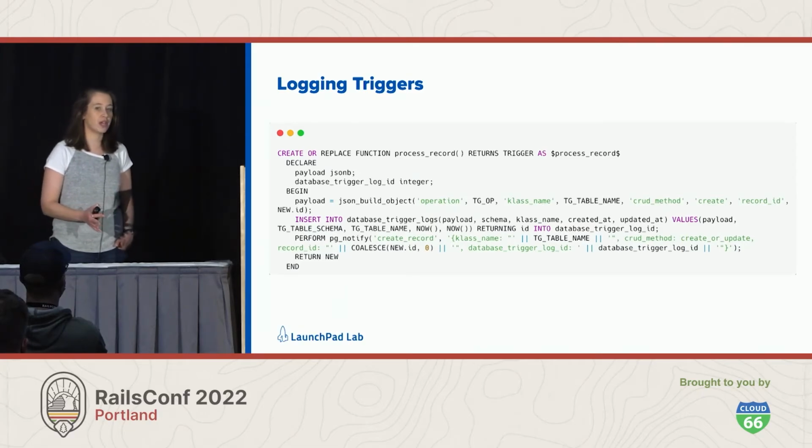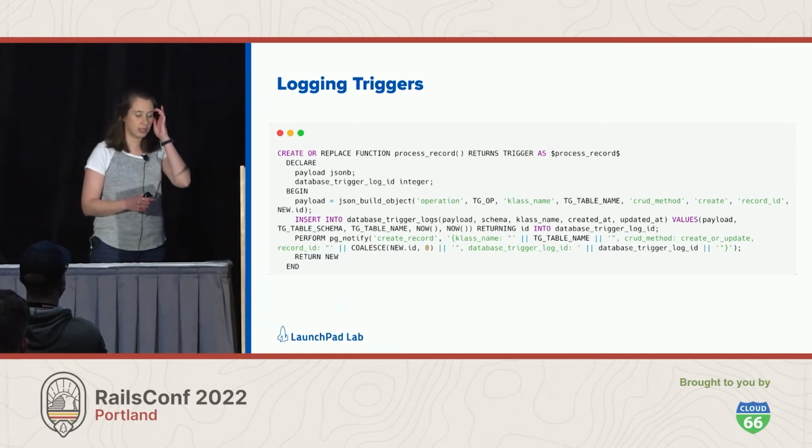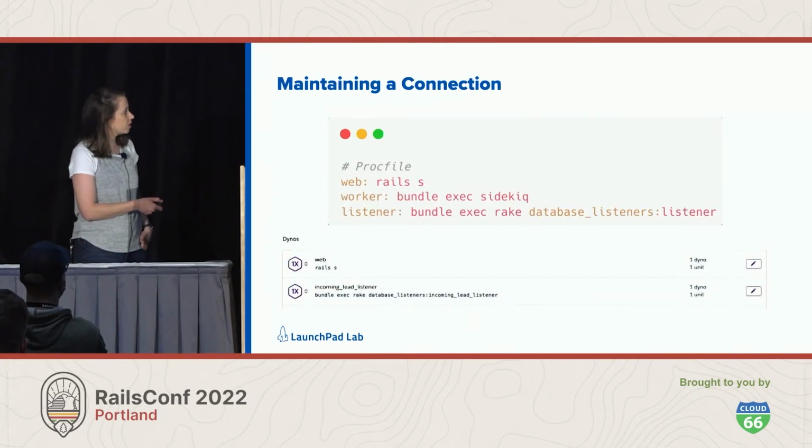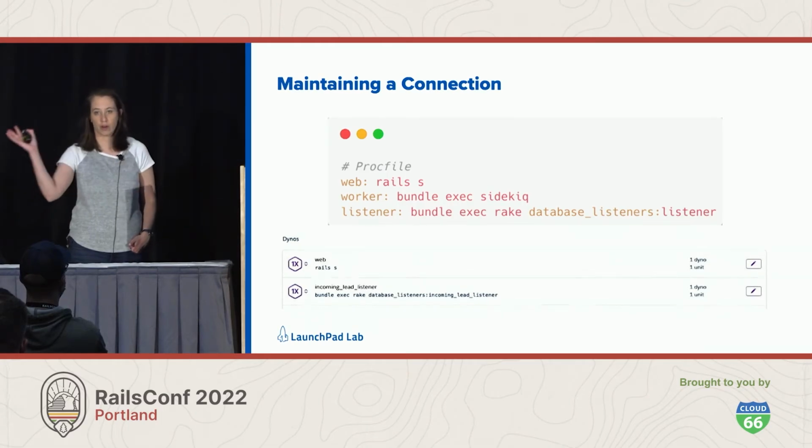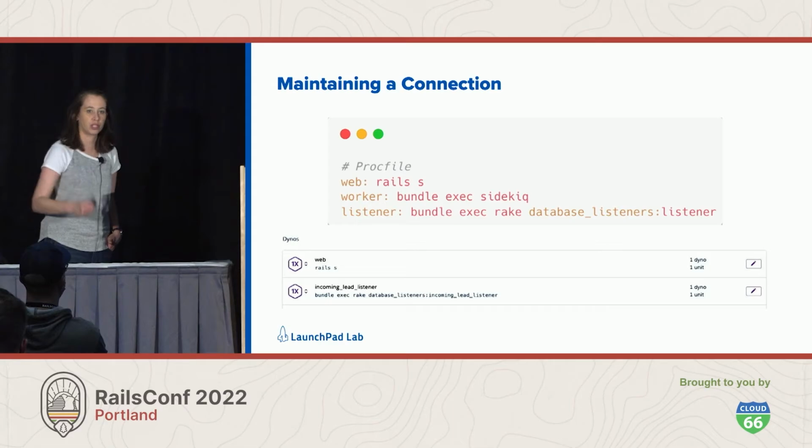Now, say the listener cuts out, in this rake task, or maybe you want to add another rake task, the first thing you can do is call a service that says resolve all your pending trigger logs, right?